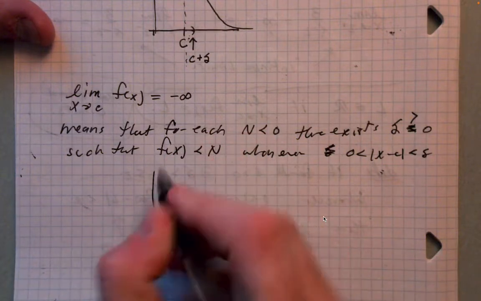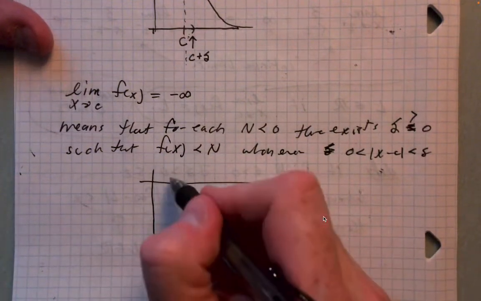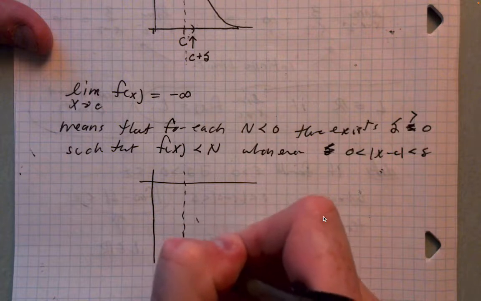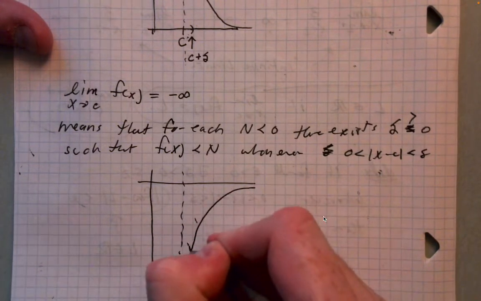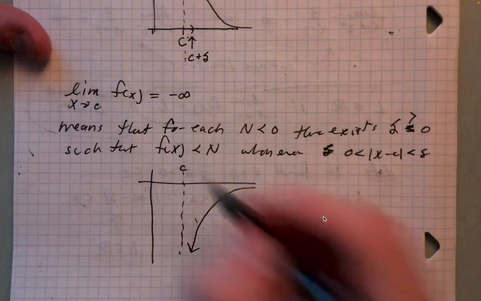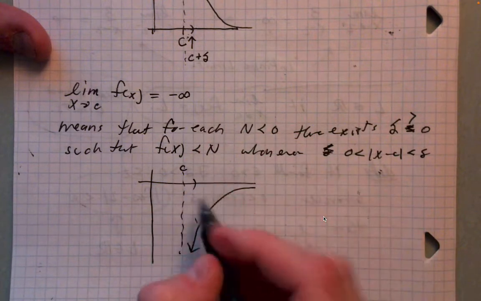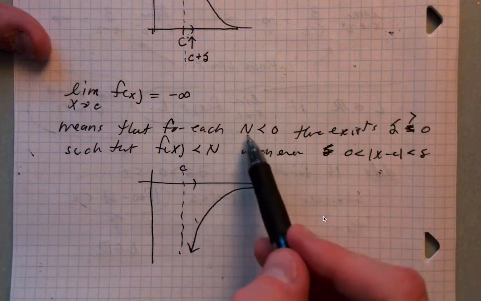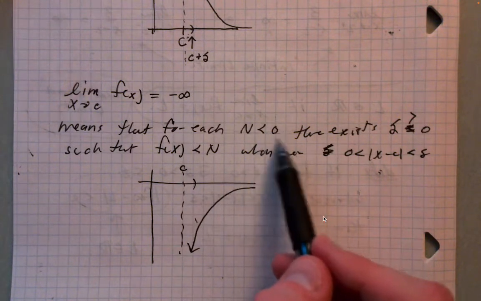Okay, and so this would be a similar idea, right? Like if here's my xy axis, and I've got an asymptote here, and the function is heading down to negative infinity, then as I get closer and closer to c, the value of the function is going to get increasingly negative, hence smaller than 0.